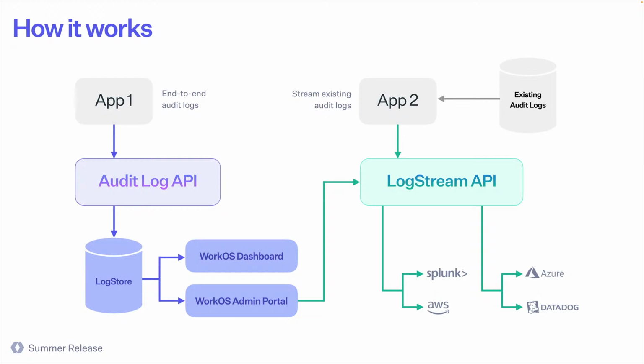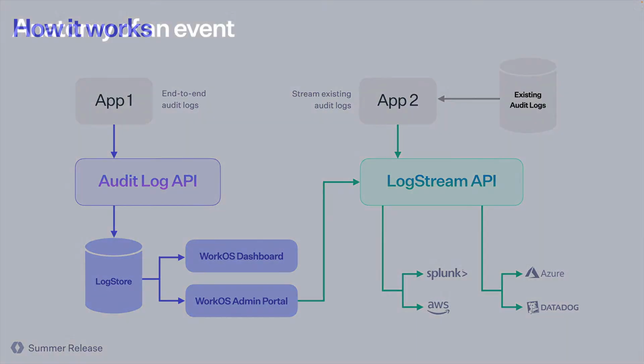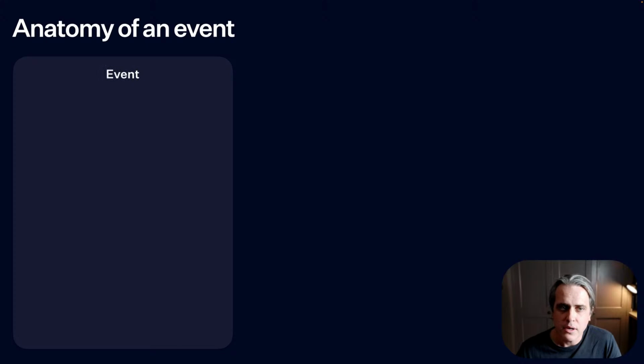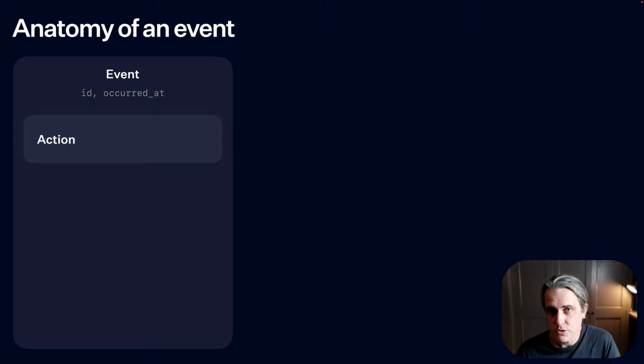Let's look at what an audit log event actually is, though. An event is comprised of an ID and a timestamp. Additionally, there are objects for the action, which is the actual thing that happened: a user logged in, a resource was edited, something may have been deleted. That's the action.